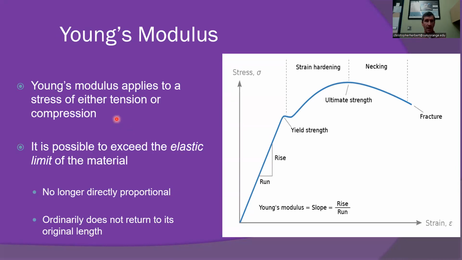So let's take a look at a typical stress versus strain curve for a material that we are testing. This is a material which will actually deform quite a bit past its linear region. You can see here we have a nice relationship between stress and strain, that this material should be relatively undamaged.